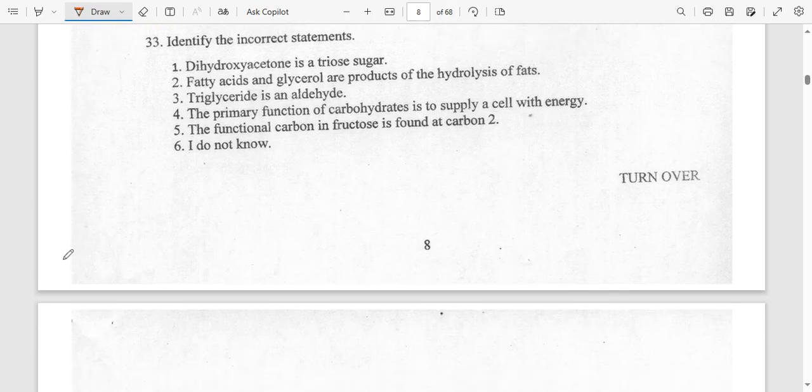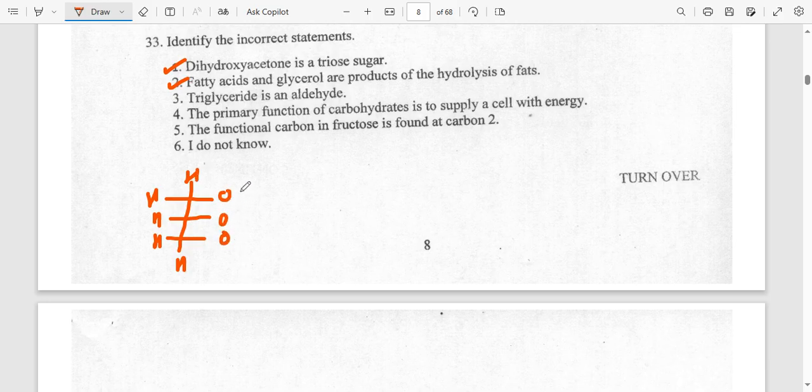Identify the incorrect statements. Dihydroxyacetone is a triose sugar. This is true. Fatty acids and glycerol are products of hydrolysis of fats. This is true also. That is because look at this. Glycerol is like this. It has got hydrogens and then it has got OH, OH, OH.